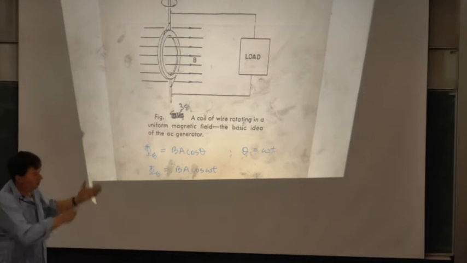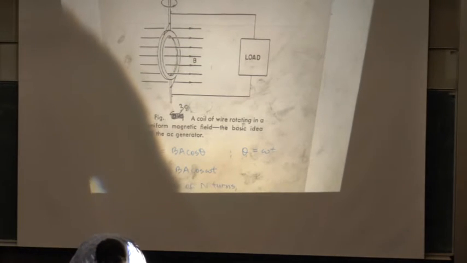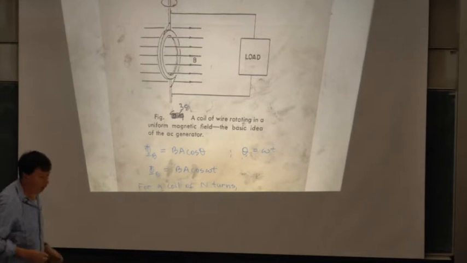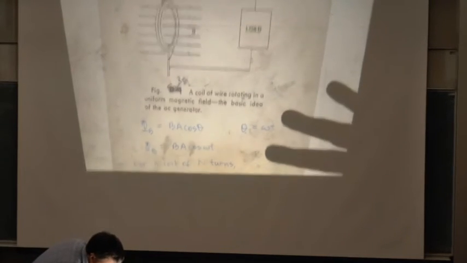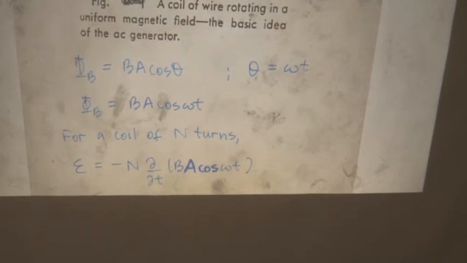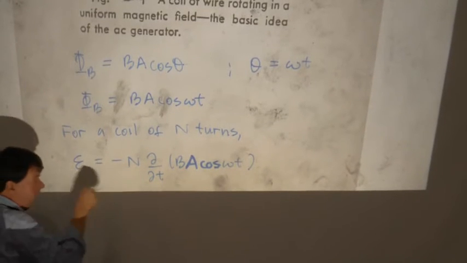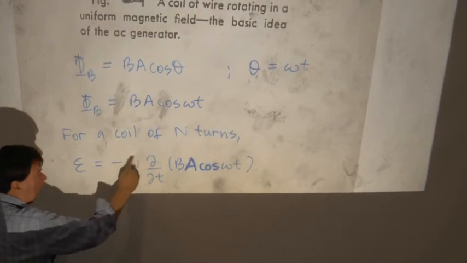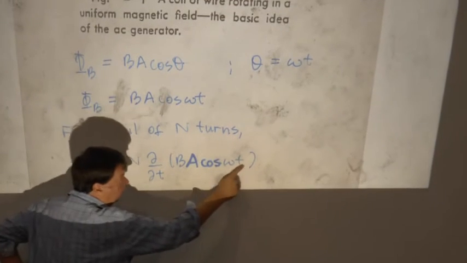I'm sorry about this, like you can see that, with the blackboard space, I try and go through this quite slowly if you want to make notes as we go along, so that it corresponds more to writing speed. So for a coil of n turns, we have got the same EMF induced in each turn of the coil. Each turn is sharing in the motion, and then d by dt of BA cos omega t.